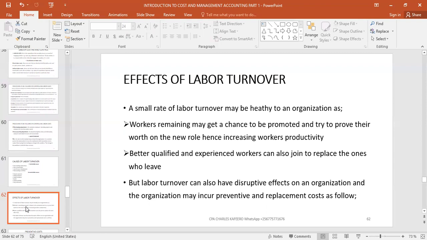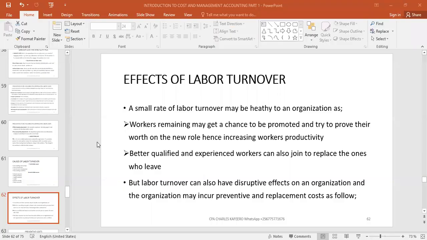So we expect more qualified employees to join in and help the company to grow to a next level. That is to a smaller extent. Those are the ones I can give you to the smaller extent, or the positive part of it when there is labor turnover.